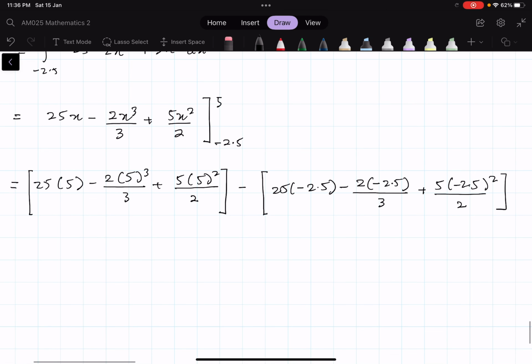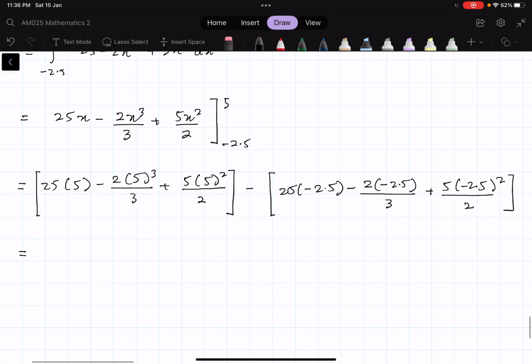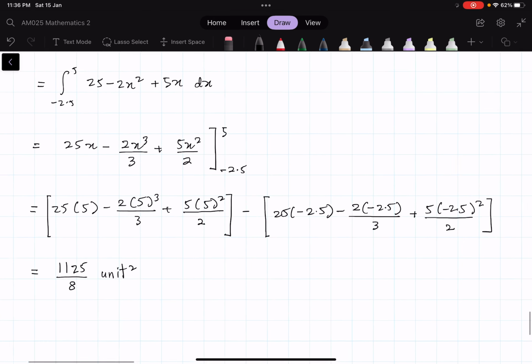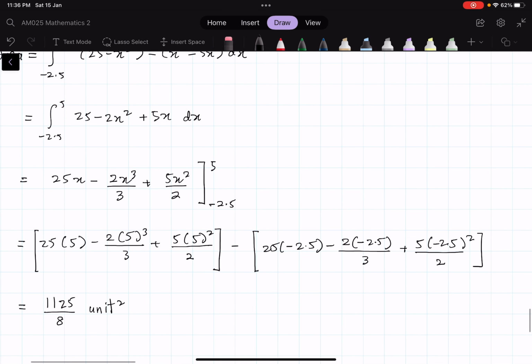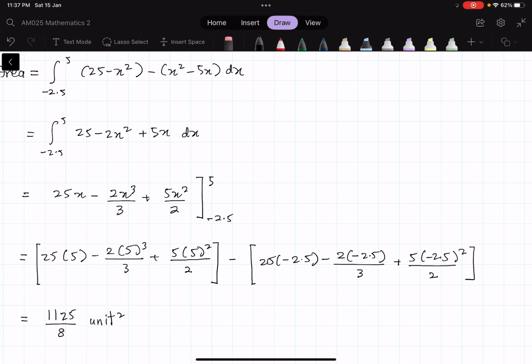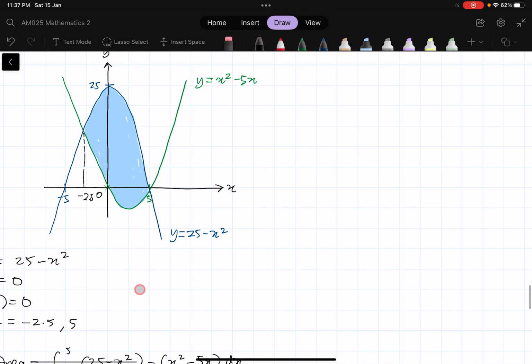Now, if we substitute into the function, we're going to get 1125 over 8 unit squared. Press the calculator to find this value. So that's how we find the area of this shaded region.